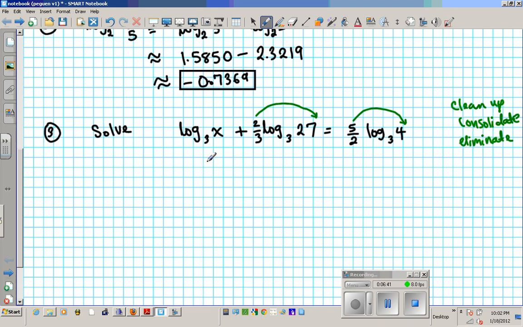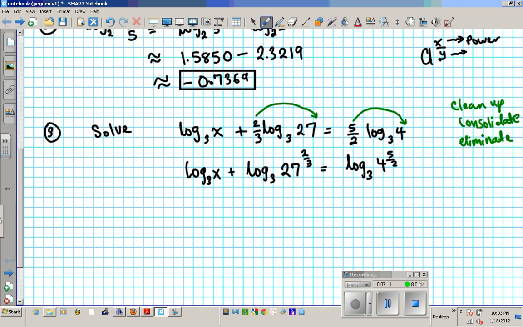So what does that look like? Leave this one alone because it's clean already. Log base 3 of x plus log base 3 of 27 to the 2/3 equals log base 3 of 4 to the 5/2. What happens when you have a fractional exponent? If you have a fractional exponent, a to the x over y, the numerator is the power and the denominator is the root.